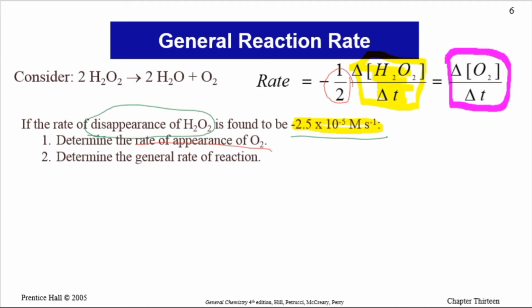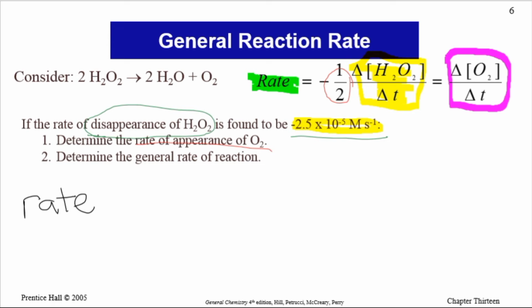All right, the next thing it's asking us to find is the general rate of the reaction. So the general rate of this reaction is the rate, right? So that I'll highlight in green. So the rate of this equation, the rate expression, the rate of the entire reaction is right here. And that's equal to this expression, and it's also equal to this expression.